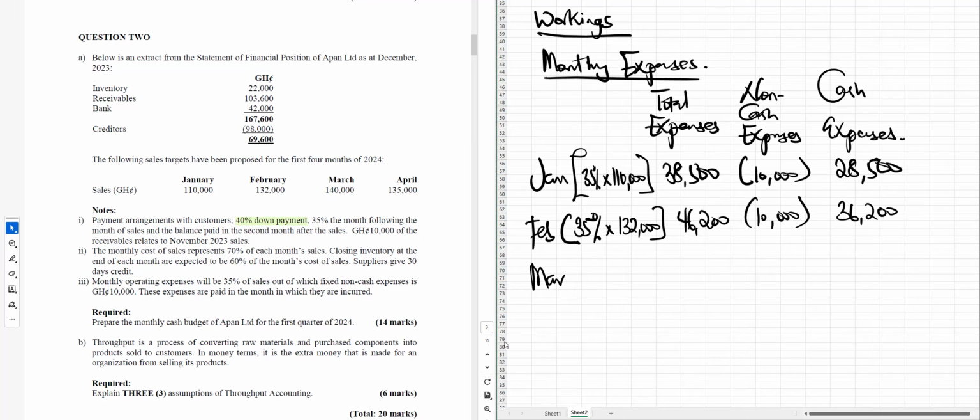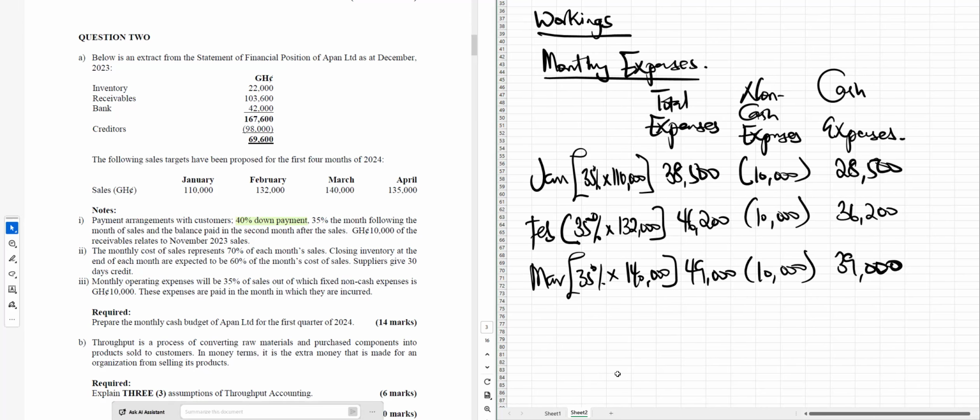Then March, 35% of 140,000, which is 49,000, less 10,000 is 39,000. This one was very easy marks.